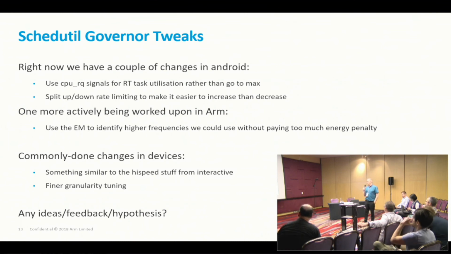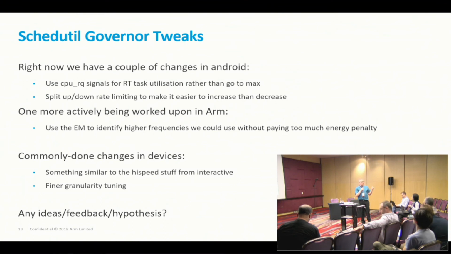Now this refers, I didn't really call it out directly here, to being able to set different energy margins for different clusters and different frequency margins. So typically we use 20% as the frequency margin in Schedutil.